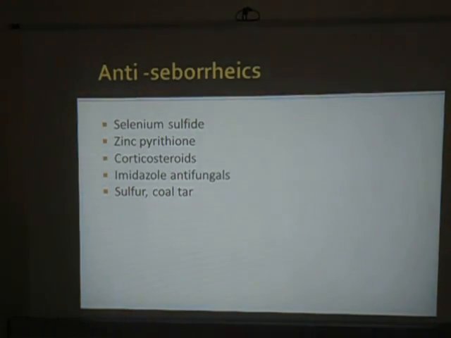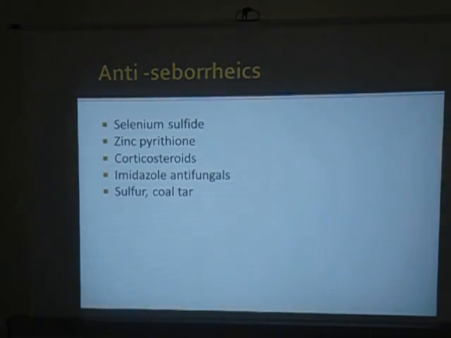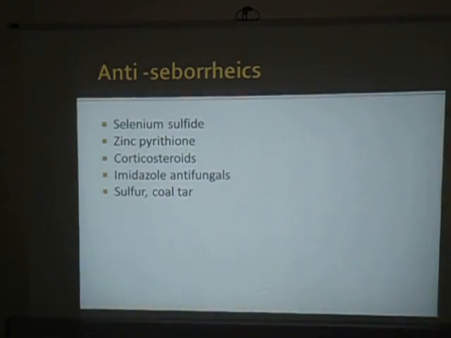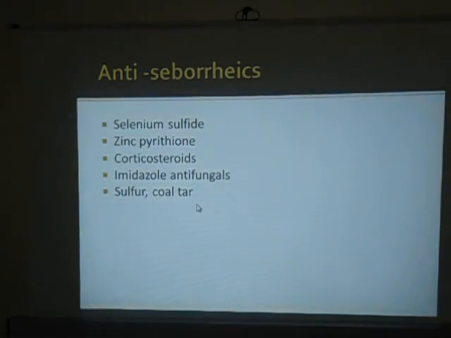By using these corticosteroids, it can suppress the immune reaction against the seborrheic dermatitis. The inflammation can be suppressed, so that the patient can get relief. But plain corticosteroids without any antifungal agent can be dangerous because they can cause more and more growth of this seborrheic dermatitis. So sulfur and coal tar are most commonly used for psoriasis.